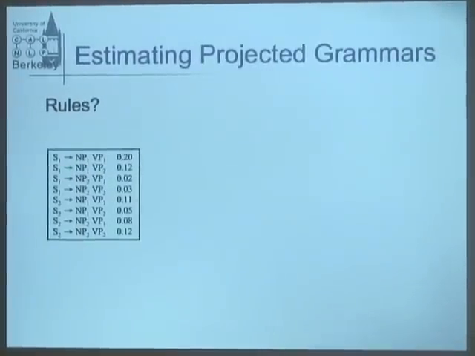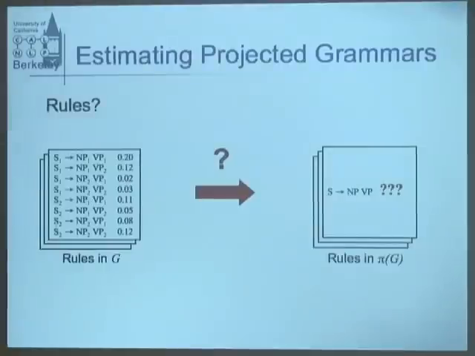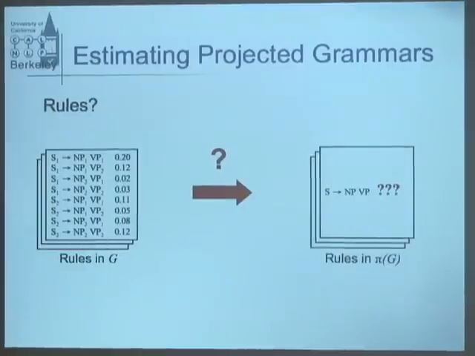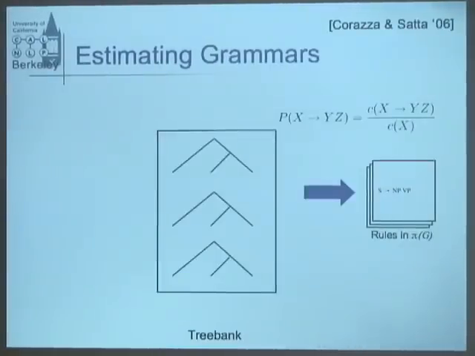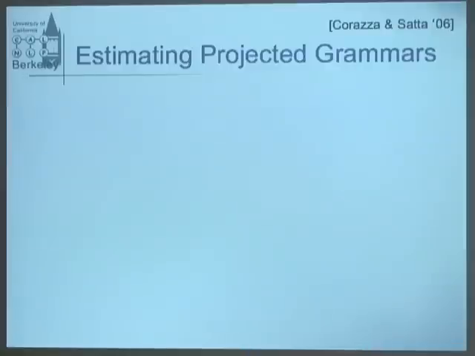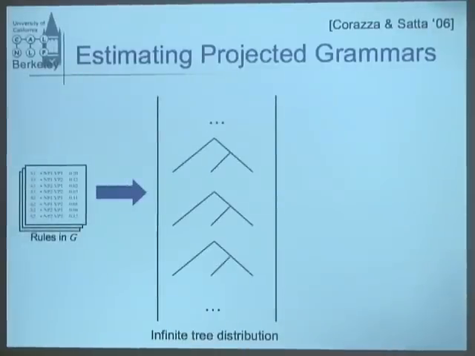What is trickier is how to compute the parameters of this coarser grammar. The problem is that we want to take all these rules and map them to a smaller set of rules, and we cannot just add these parameters up because we need to know a weighting for the left-hand sides. We need to know how frequent S1 is relative to S2 so that we can do a weighted combination. The way to do this is by estimating the grammar, rather than from a treebank, from an infinite tree distribution that is induced by our most refined grammar.